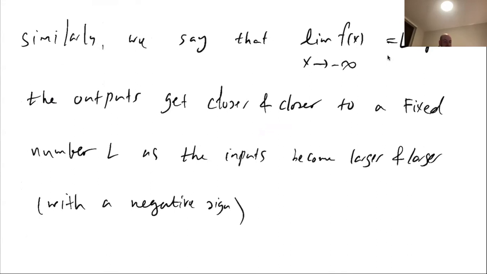So for example, the input is minus 10, how much is the output? Then the input is minus 100, how much is the output? Minus 1000, how much is the output? And so on.